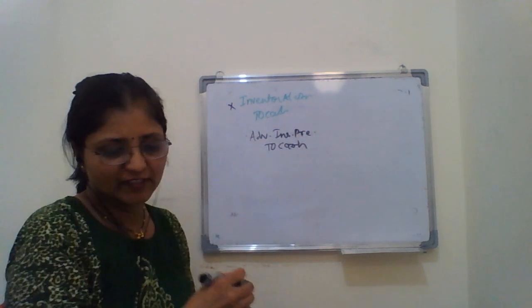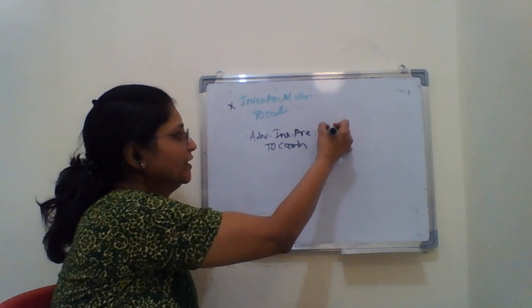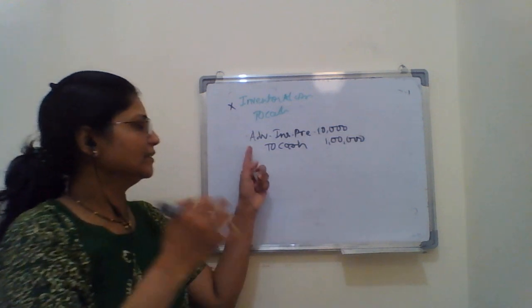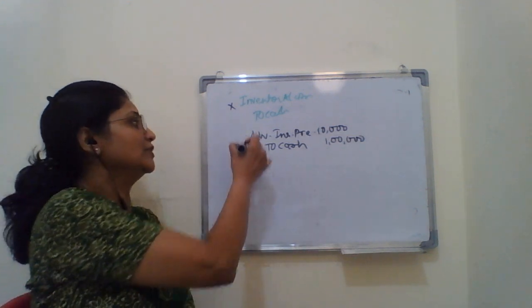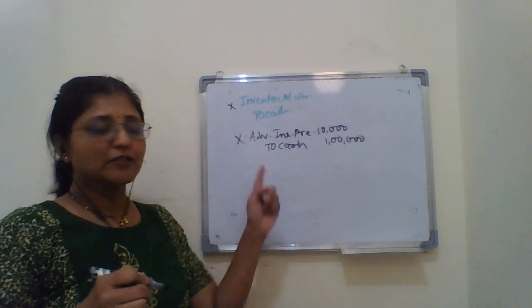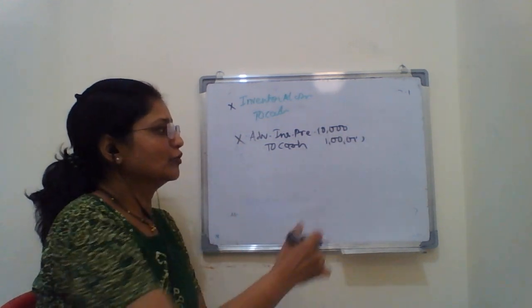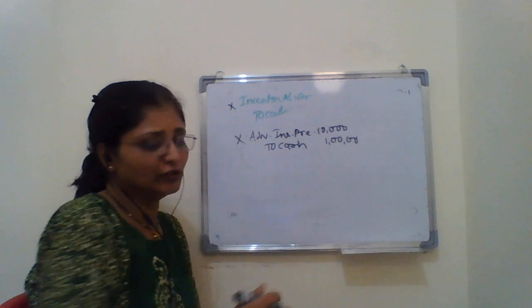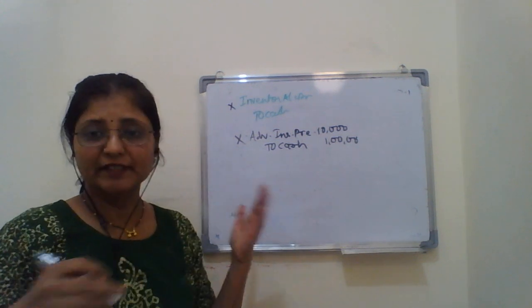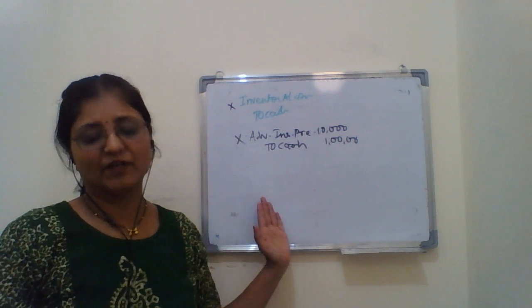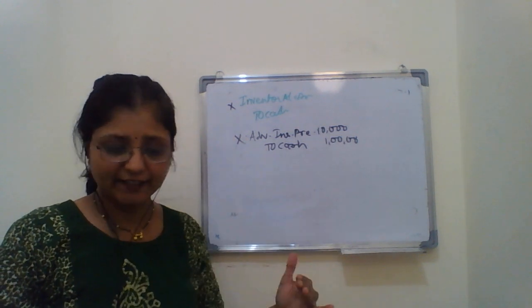If the amount given is 10,000, advance insurance premium is not a part of quick assets. So only cash will go from the quick assets, so quick assets will get reduced by 10,000. So in this case our ratio will become 90,000 by 1 lakh. So the ratio will decrease.